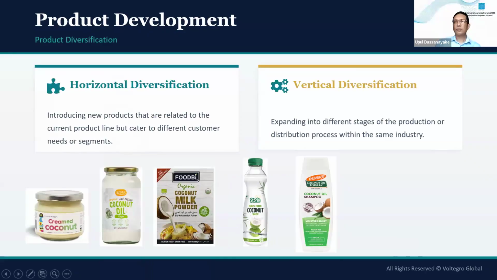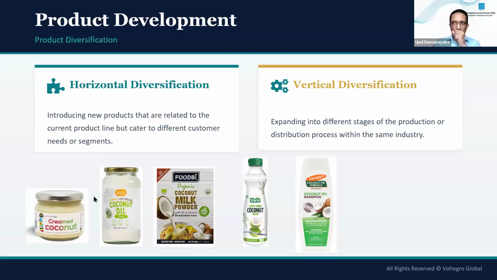Then the next one is product diversification. It could be horizontal diversification and vertical diversification. Again, the main purpose of product diversification is to attract more customers to your organization or to your products, and at the same time increase the customer base.